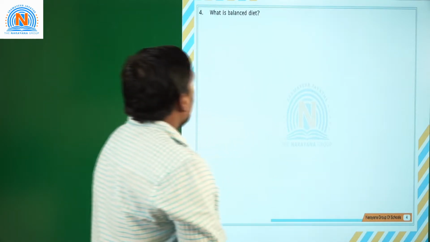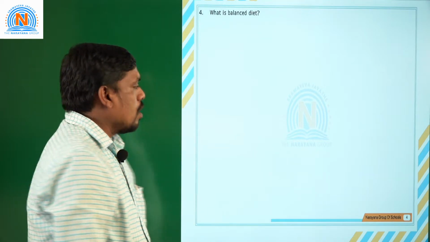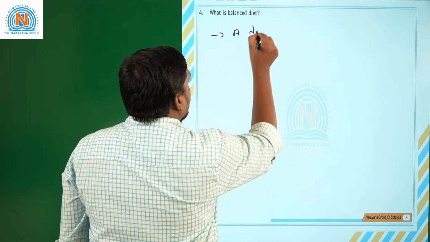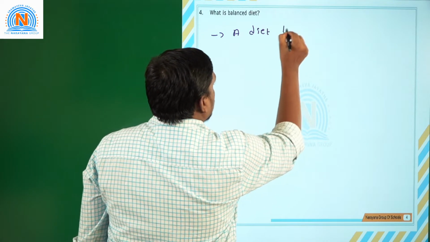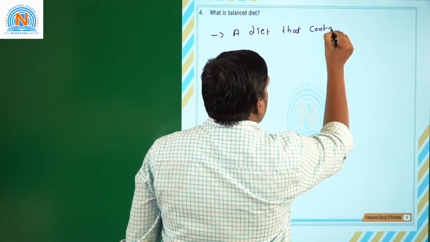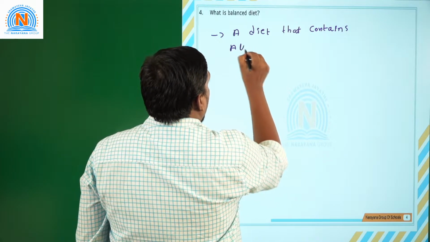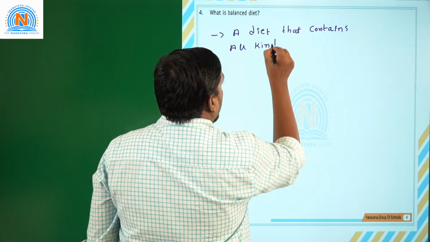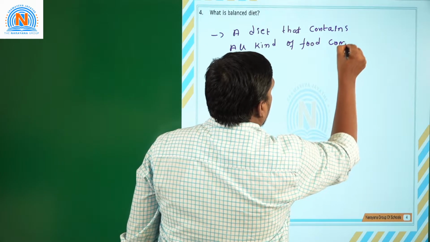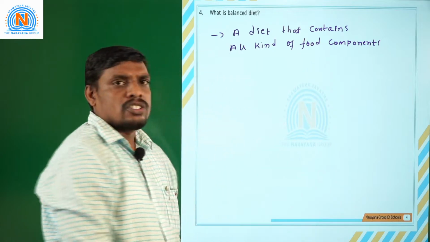Next, fourth question: what is a balanced diet? How can you define a balanced diet? A balanced diet is a diet that contains all kinds of food components that help in the proper functioning of our body.